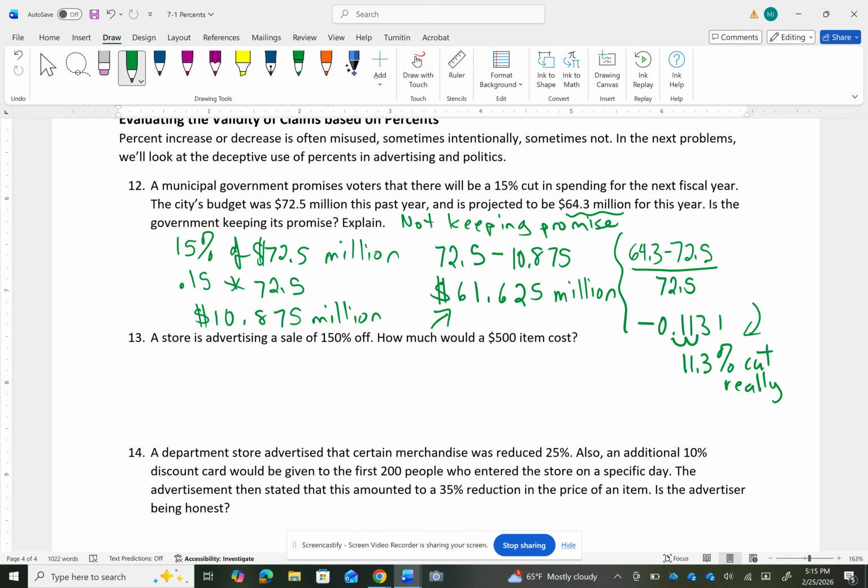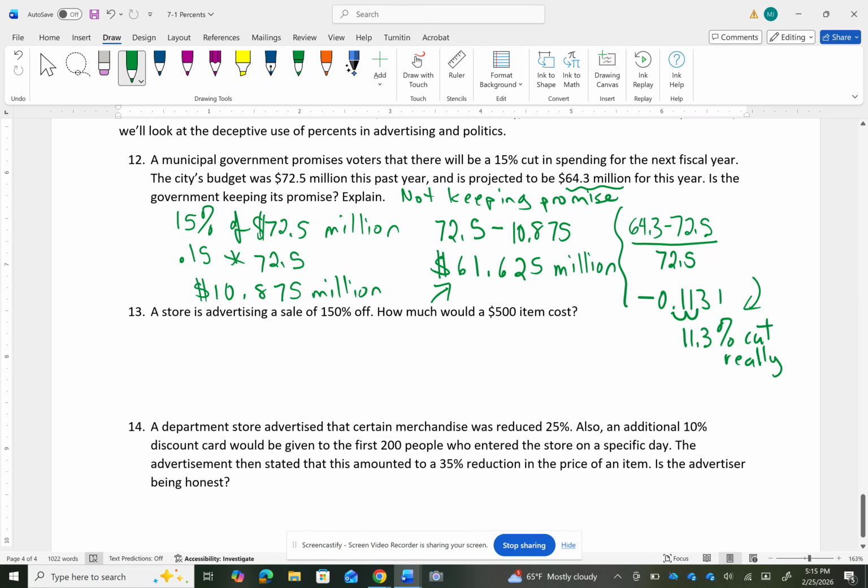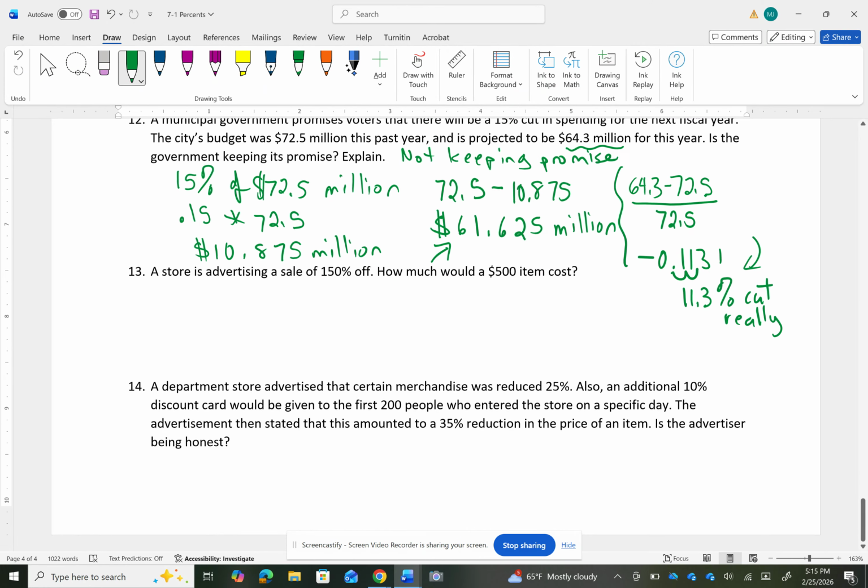Okay. All right, another misuse of percentages I see a lot is this. Stores advertising a sale of 150% off. Okay, so we know how to do like 20% off. We take the amount off, the percentage off, I mean, and we find that percent of the item.